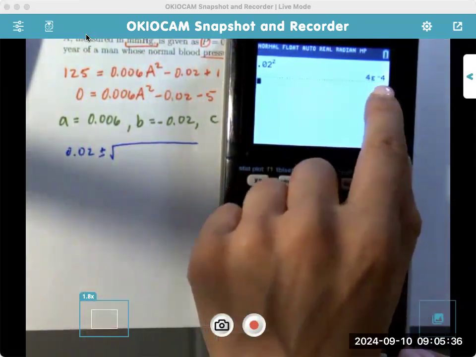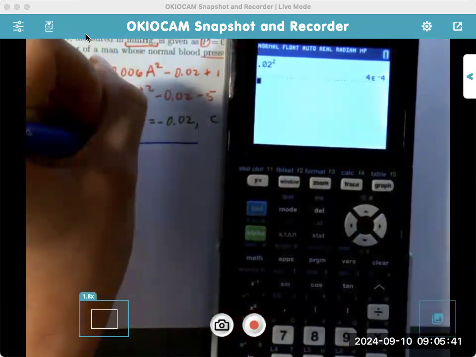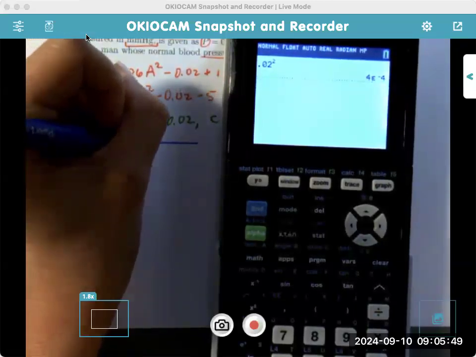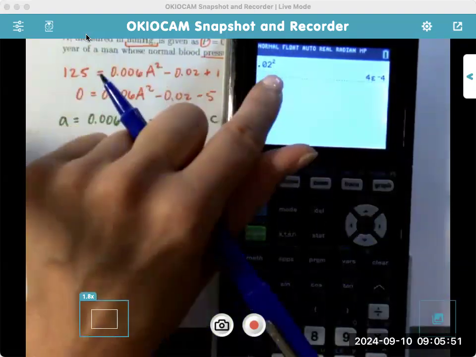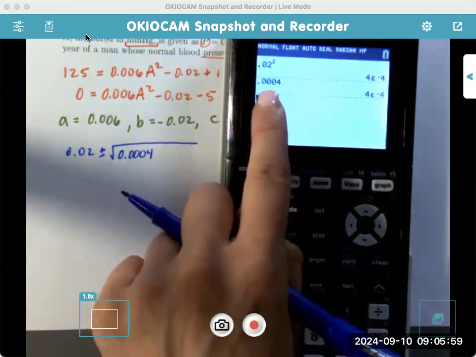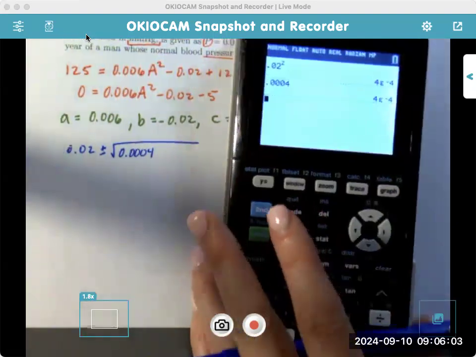E to the -4th means that I have 0 and then 4 zeros ahead of it. Oh, yeah, 1, 2, 3, 4. Yes. Right. So I have 0.0004, perfect. So basically, there's 4 spaces between my 0 and my number.